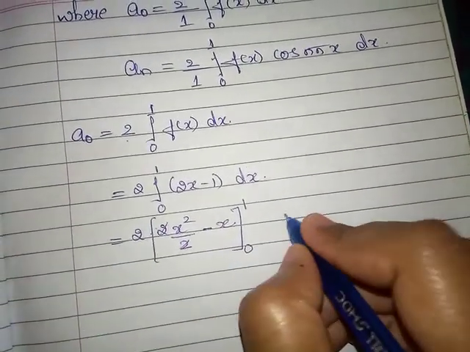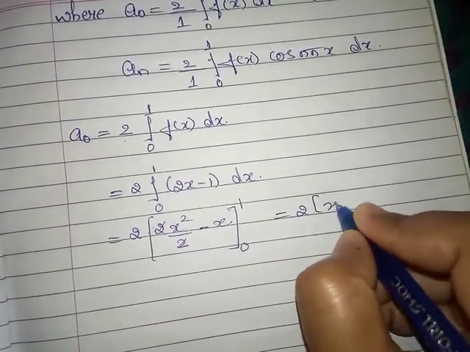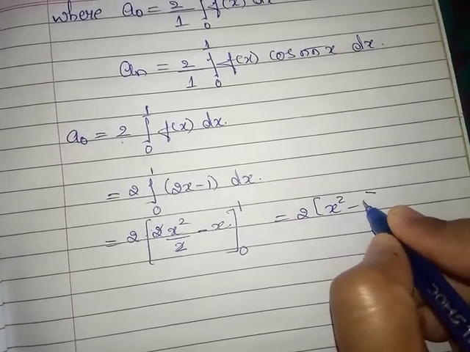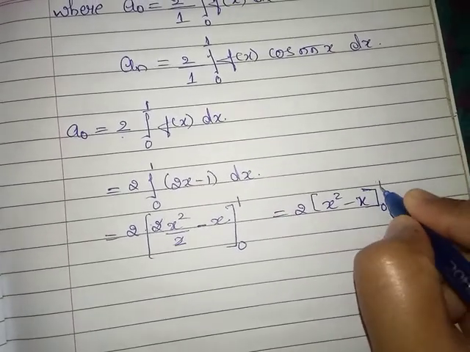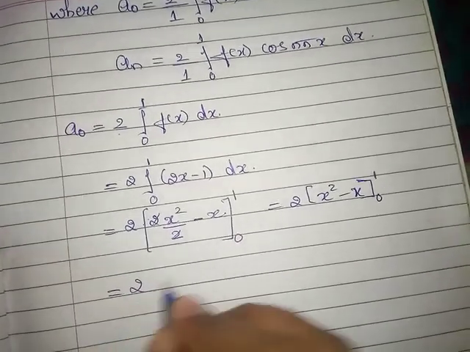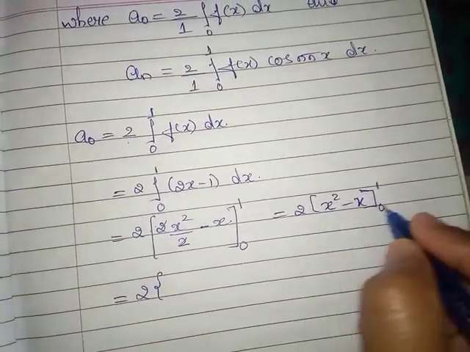Here 2 get cancelled. 2 into x square minus x limits from 0 to 1, which is equal to, first apply upper limit for this one and lower limit.